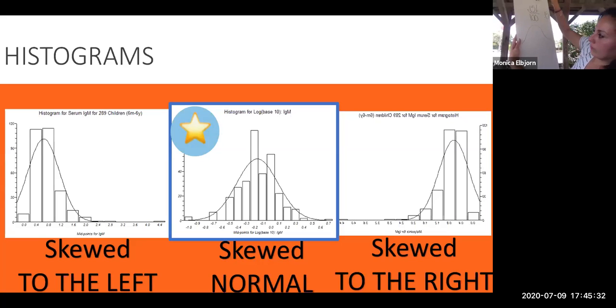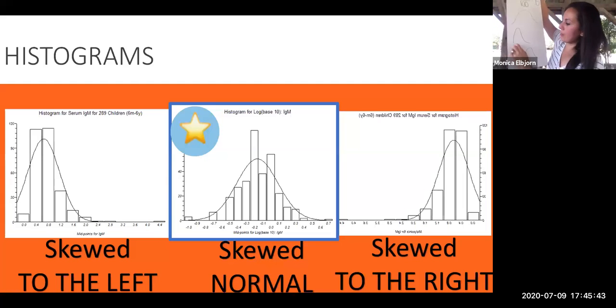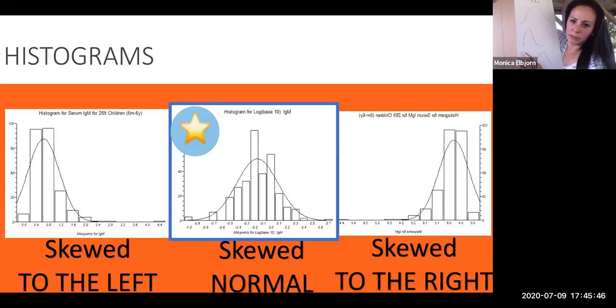Skewed to the left and then skewed to the right. What will make it look like this and not like this?